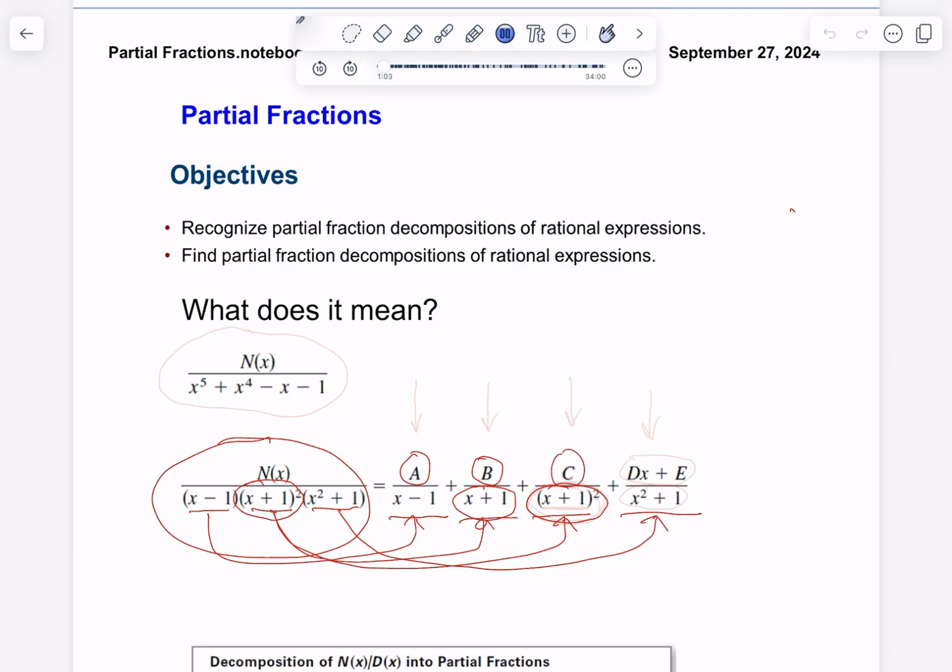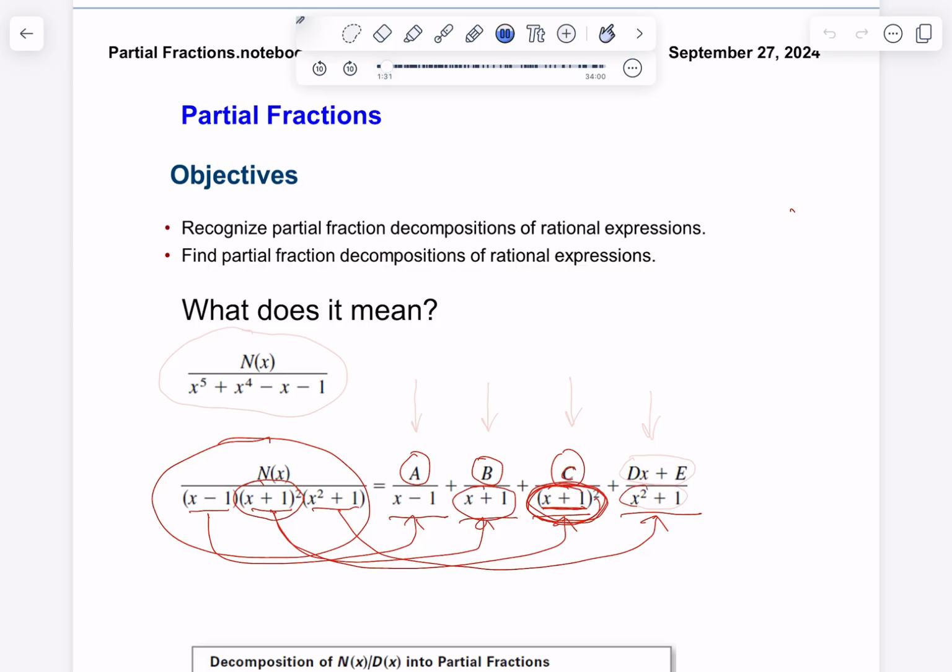Notice that when we talk about linear or quadratic, it refers to the irreducible factor here. So, for example, although x plus 1 power 2 is a quadratic, its irreducible factor is just x plus 1. So in that case, we'll still have a constant term in the numerator.